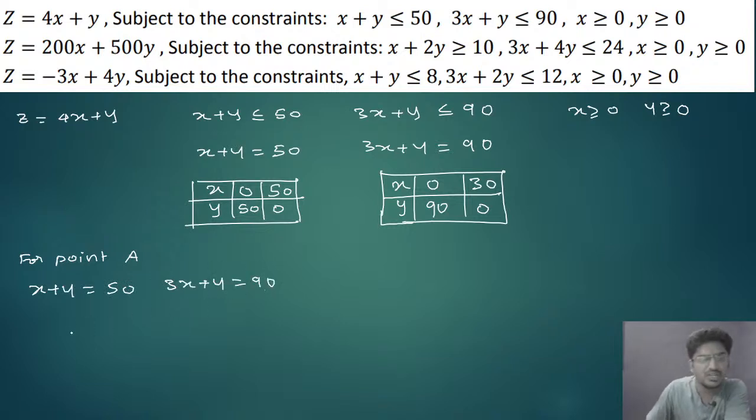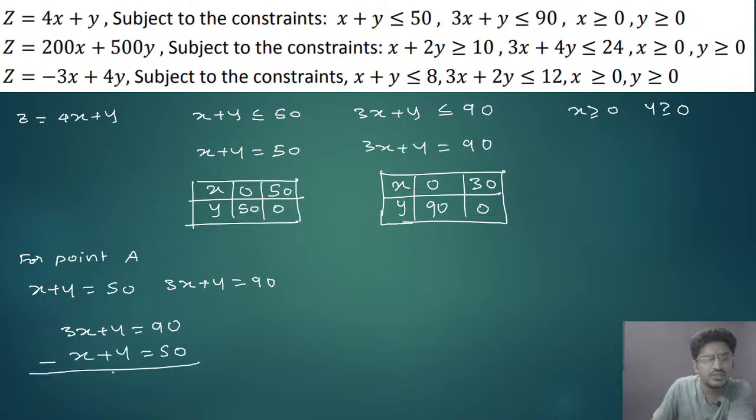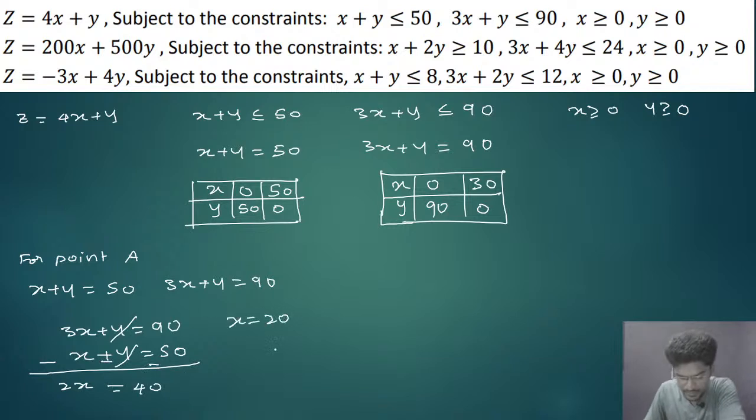Choose elimination method. Take 3x plus y equal to 90 and subtract x plus y equal to 50. So this will be 2x, y will get cancelled. 90 minus 50 will be 40. So therefore x is equal to 20.